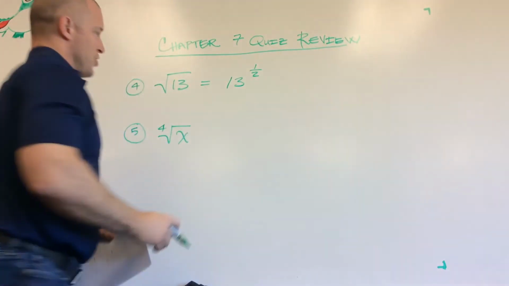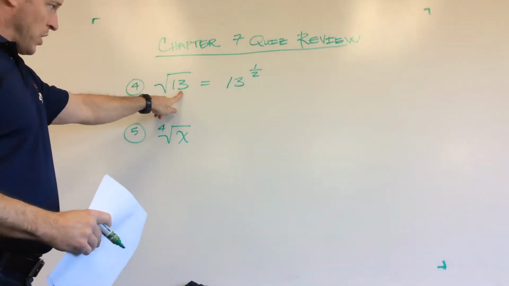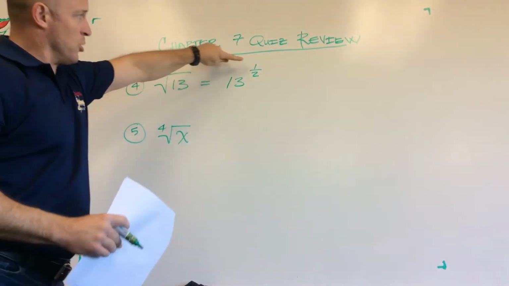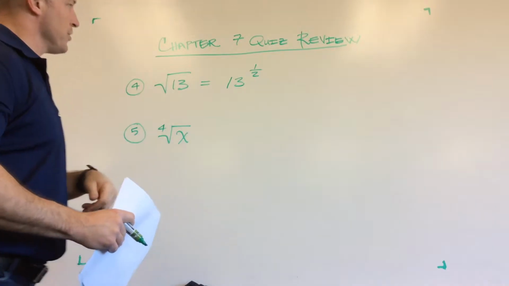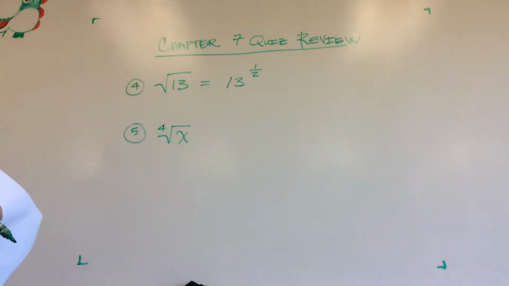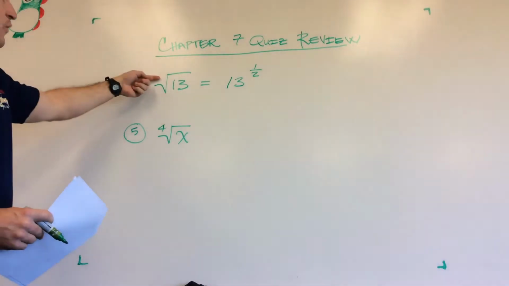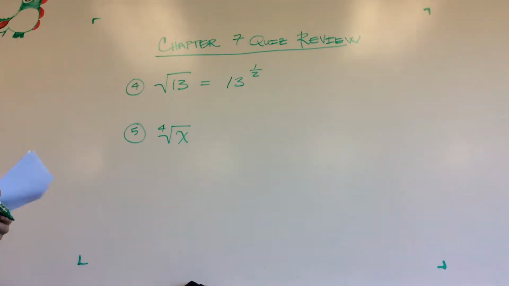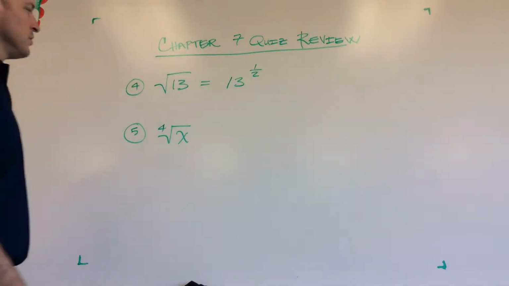So this is going to be 13 to the 1/2 because 13 is a prime number to the 1st power. So again, that 1 comes from the power on 13. The 2 here comes from the fact that we're taking a square root, from the index. Again, if it's blank here, it's an understood 2 for a square root.